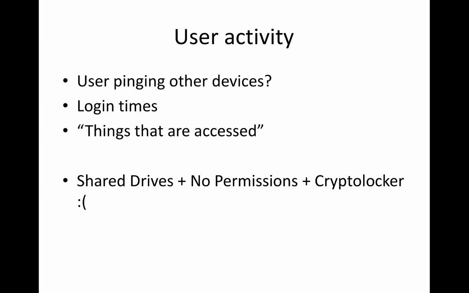So if we're doing a really, really good job at correlating access logs coming in, would it be abnormal that you accessed every file on the file share today? If you have a file share at work, you probably access a couple files a day, right?